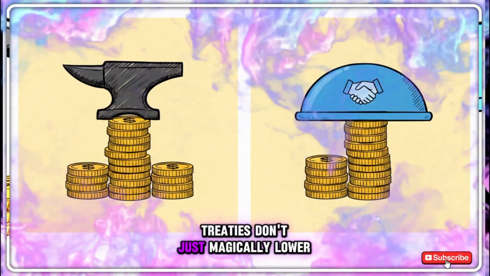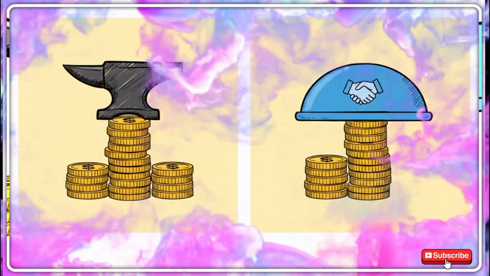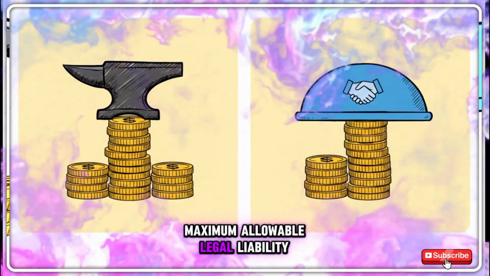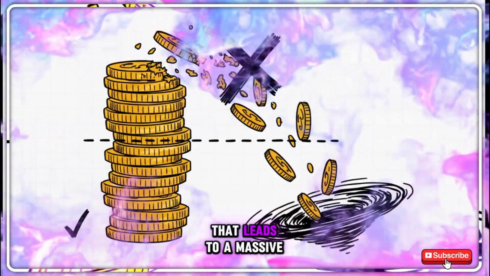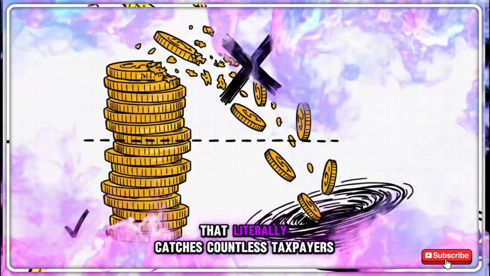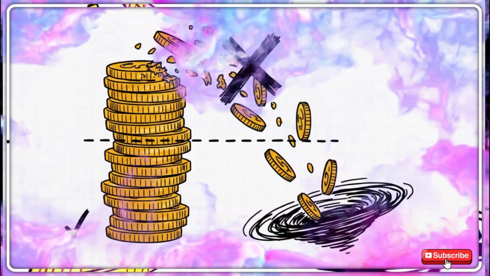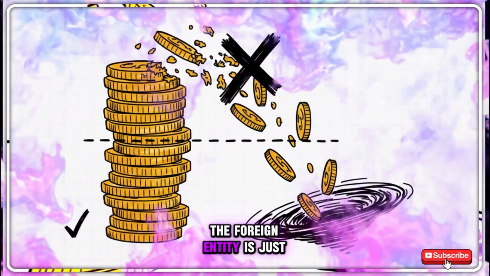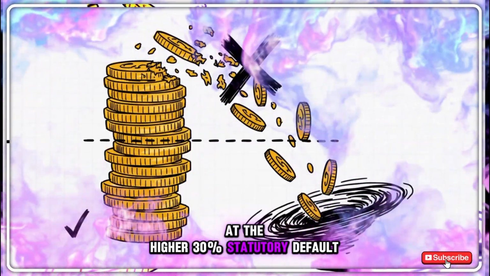The completely non-obvious insight here? Treaties don't just magically lower taxes as some convenient little bonus. They mathematically dictate the absolute maximum allowable legal liability for tax credit purposes. And that leads to a massive hidden trap that catches countless taxpayers completely off guard. If you fail to explicitly invoke that lower treaty rate, the foreign entity is just going to withhold at the higher 30% statutory default.